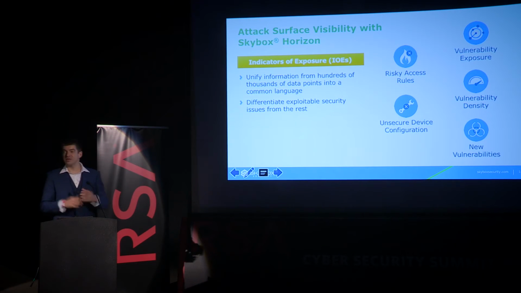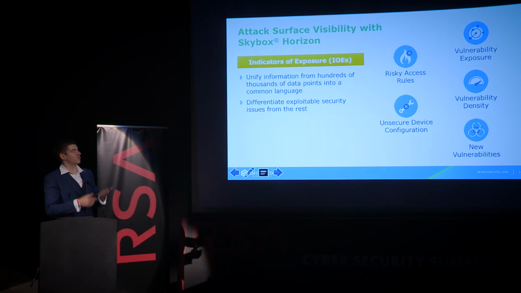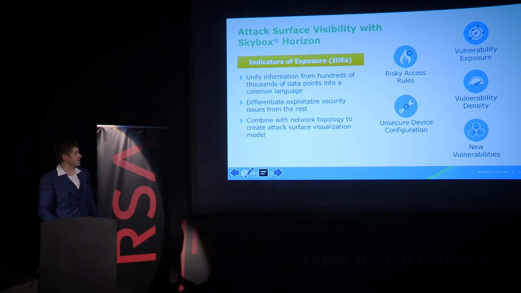Based on that technical model which we built and which network and security operation guys work with, we provide a different overview for CISOs with risky access rules on the firewalls, vulnerability exposure, vulnerability density, new vulnerabilities and unsecure devices.